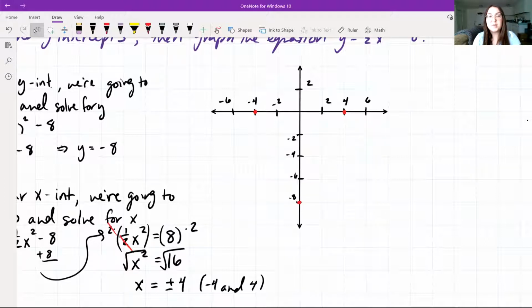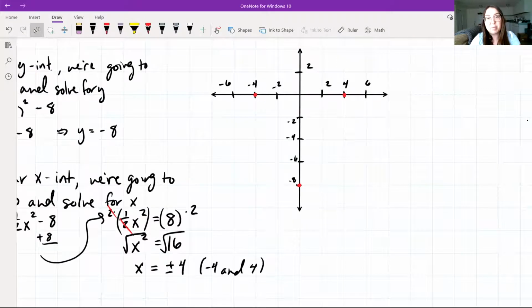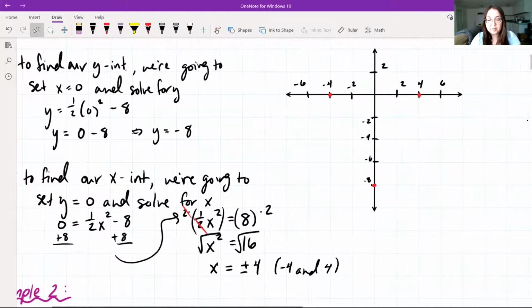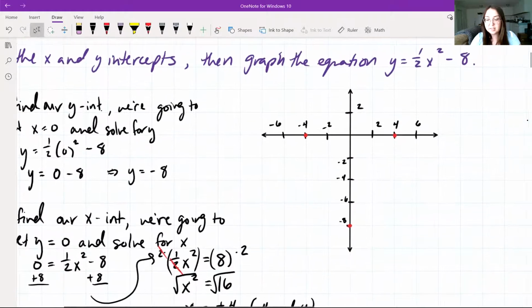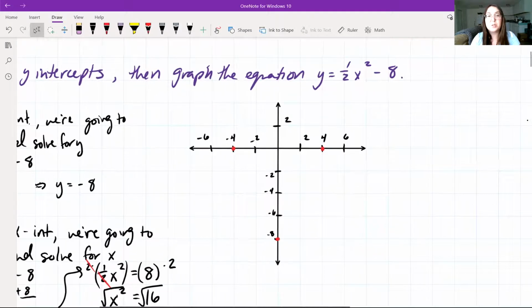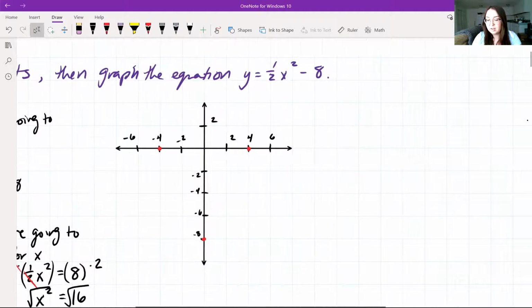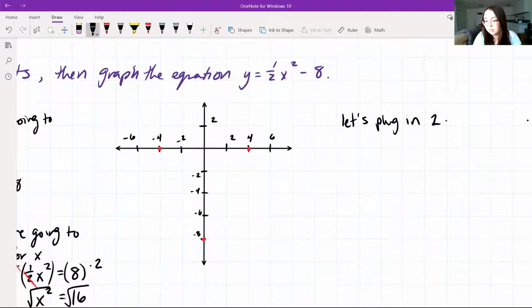But let's just find 2 more values to get a better idea. So let's do -2 and +2. And if you notice, since x is squared, we can just put in a +2, and we know that a -2 squared is going to be equal to the same value. So let's plug in 2 for x.